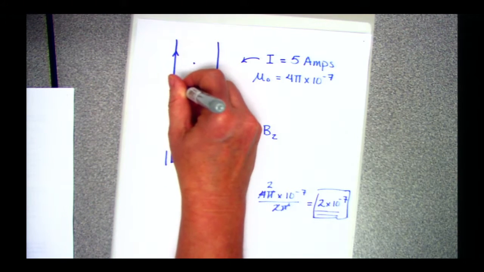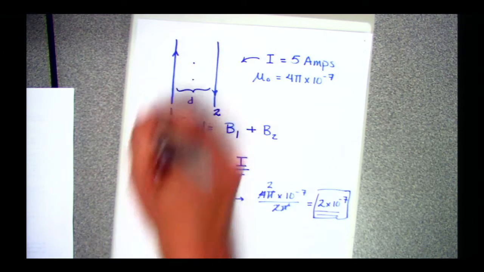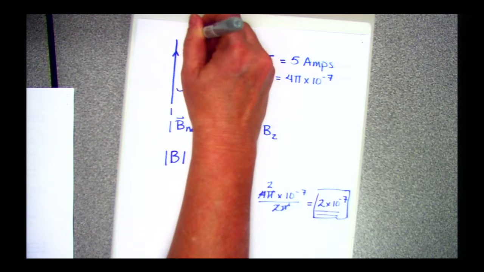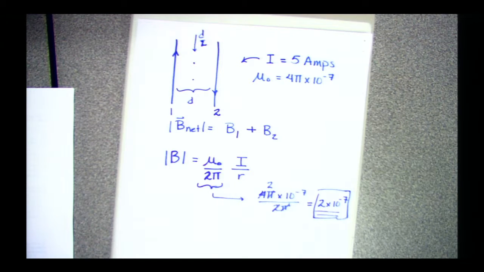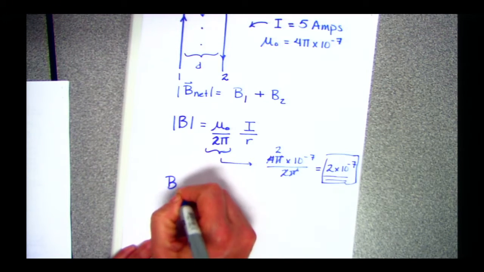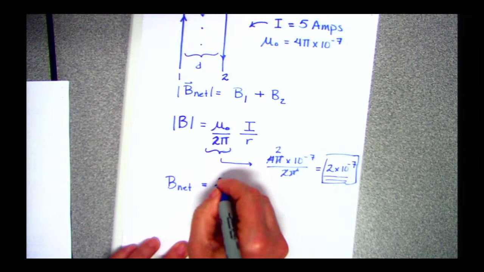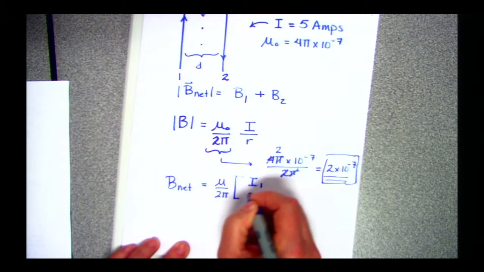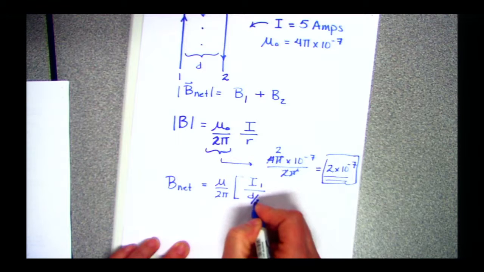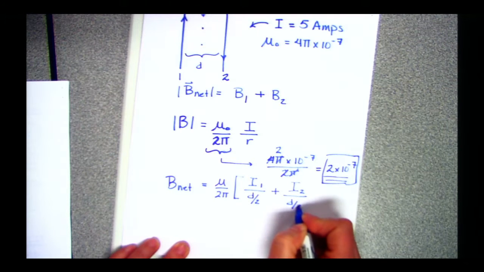If I say the distance between these two wires is d, and I want to look at a point that's halfway in between, so d over 2, I can rewrite this total thing as B net equals, and I can factor out this mu over 2 pi term, the current in wire 1 divided by its distance, which is d divided by 2, plus the current in wire 2 divided by its distance, d divided by 2.